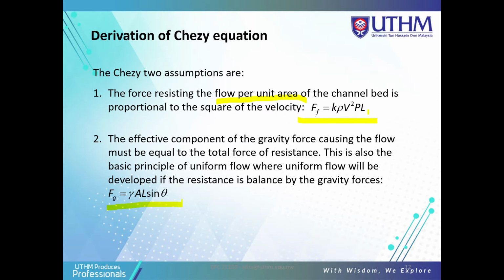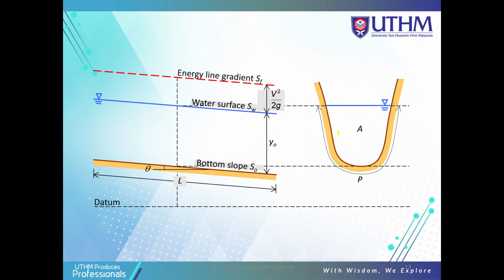If your test or final asks you to list two assumptions for the derivation of Chezy's equation, you can explain this theory, and you can also sketch the figure. If they ask you to explain, then you must explain the theory.